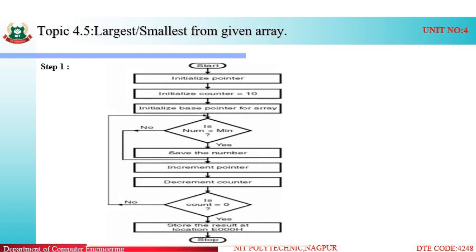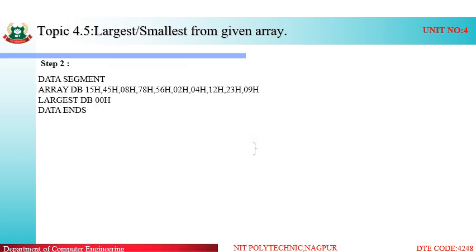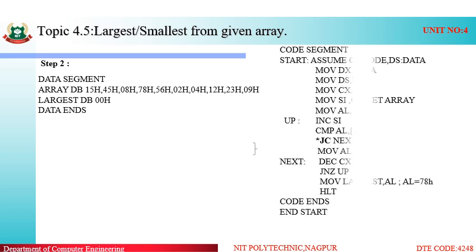Here also we have taken the same flowchart, but inside the condition we have given that the number is less than minimum. In case of largest we have taken number is greater than max. The remaining logic is all the same. The same data segment consists of 10 elements, largest variable, code segment, same initialization.